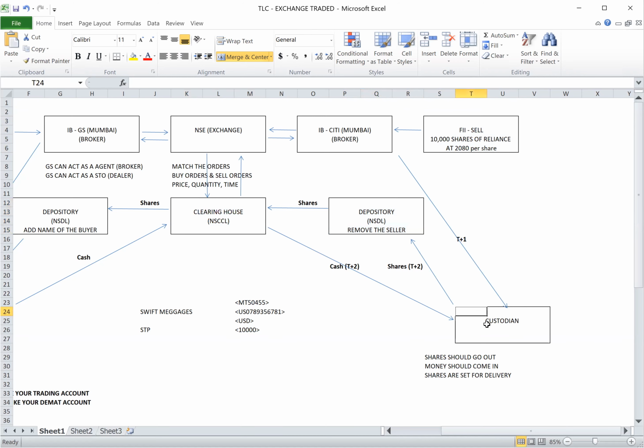So guys, the shares are being transferred from the custodian to the depository, and then the shares are being transferred to the clearing house. Now the clearing house is the legal owner of those securities. Are we clear with this flow?